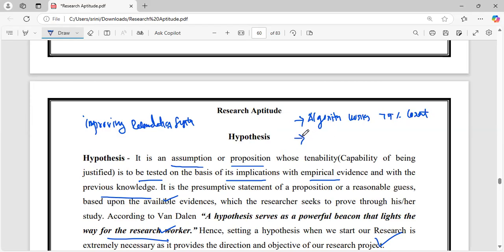I would say that that same algorithm works 72% correct. Okay, so I have stated two hypotheses based on my research, my previous evidence using research and knowledge I have gained.